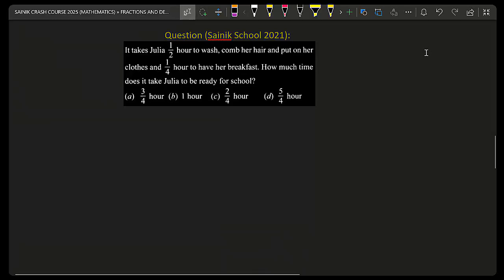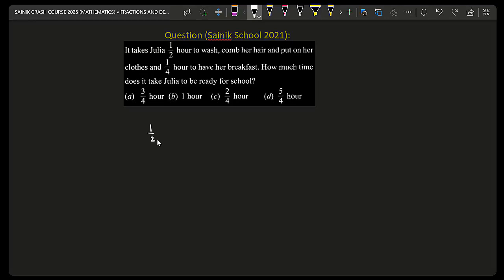Sir, option C. Can you say the explanation part? Sir, Julia takes 1/2 hour to wash. So we have to add. Okay, 1/2. And next activity, what she's doing?